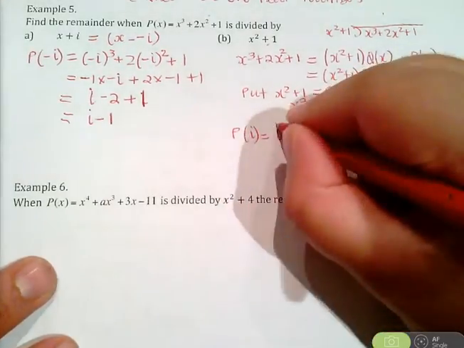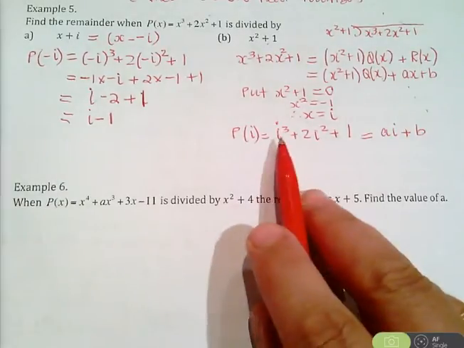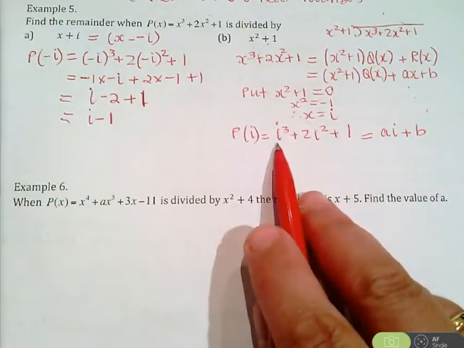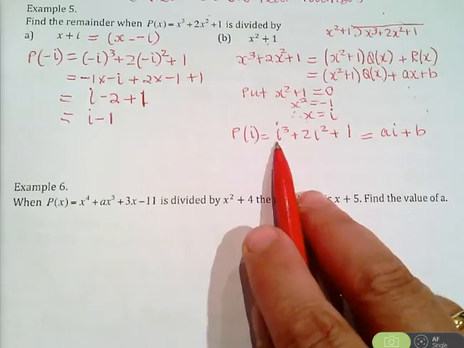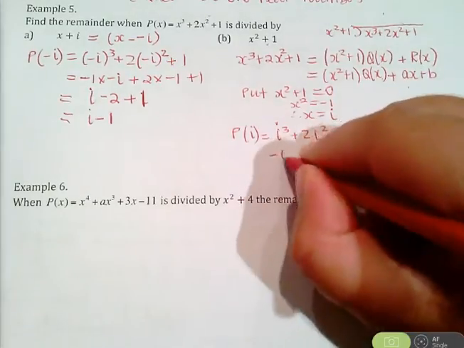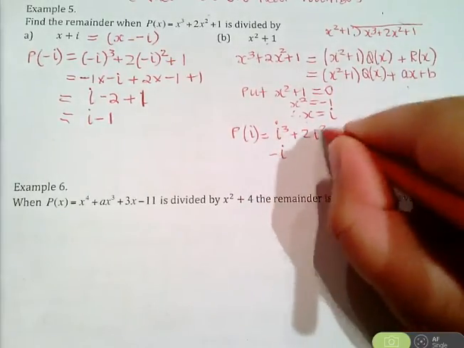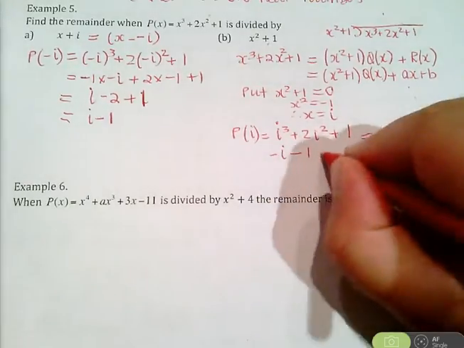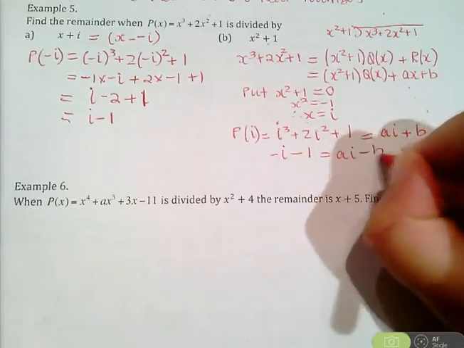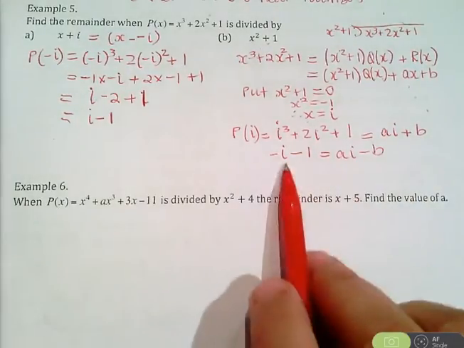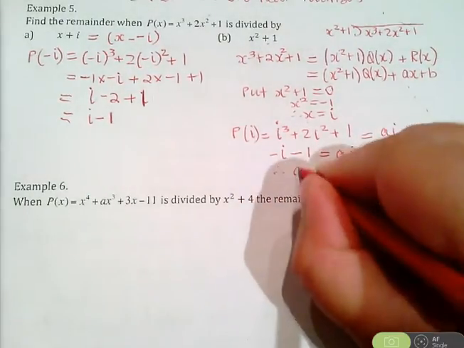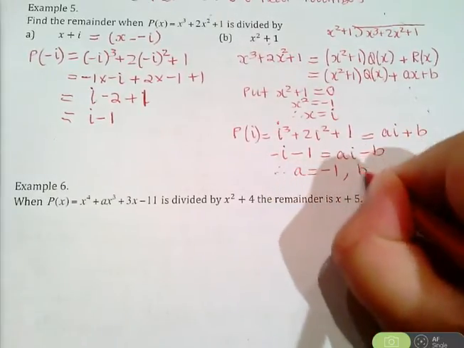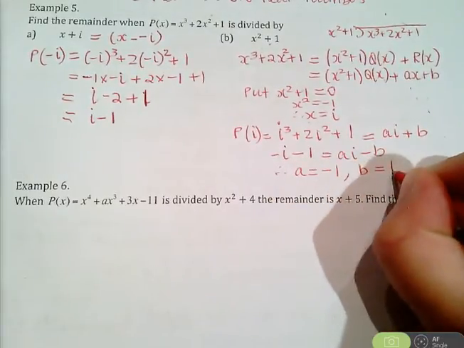So i cubed we know is i squared times i, so it will be negative 1 times i, which is negative i, and plus 2i squared is minus 2 plus 1, which is minus 1, is equal to ai minus b. And if we equate coefficients, therefore I can see that a is negative 1 and b is positive 1.